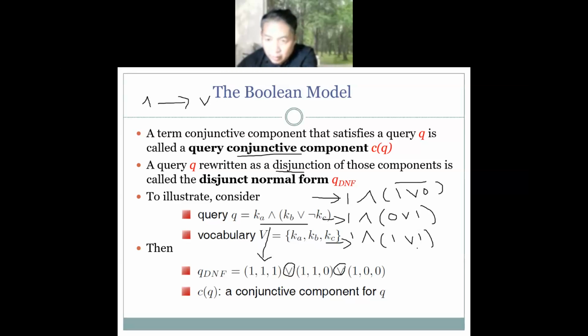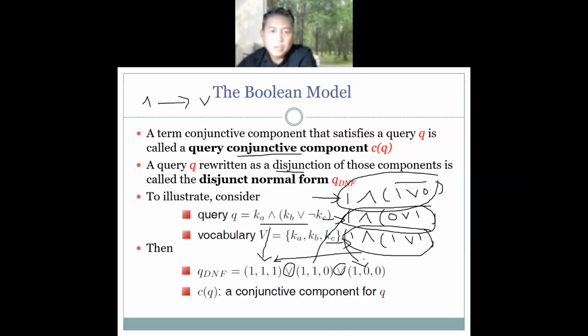This is the first one here, this one is here, and the last one is here. So we can rewrite them as a disjunction of those components, which is this one.